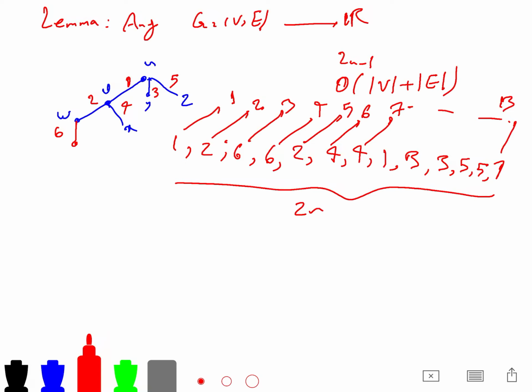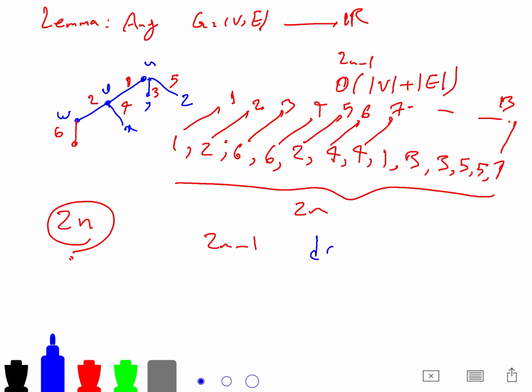Starting from an arbitrary node, we embed the nodes in T according to the order that they appear in C. We ignore multiple appearances of a node, and we preserve the distance in C. So as you see, the resulting embedding is clearly non-contracting, since C has length 2n and the distortion is at most 2n minus 1.